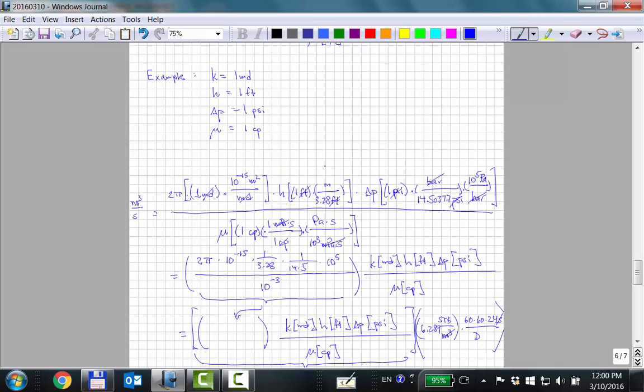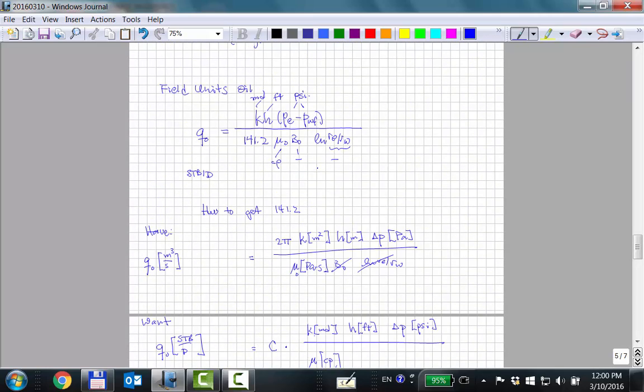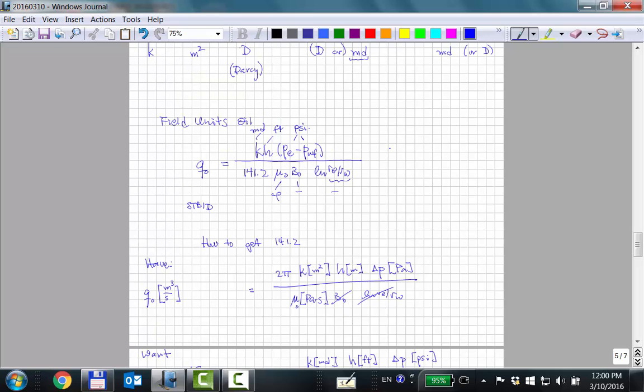You have to rewrite this equation here as k absolute h over 141.2 ln re/rw.